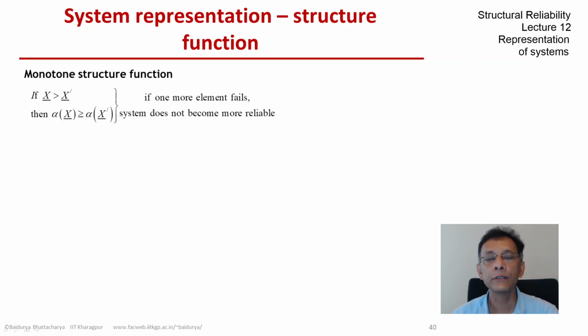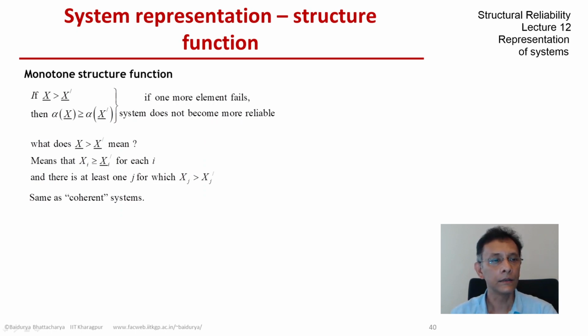So the system doesn't become stronger or safer by failure of additional or new elements. Because one could argue that if an element makes a system better by failing, then why have the element in the first place at all? Obviously, not all systems work that way in all situations, but it's a very helpful property to have because it simplifies computations in many situations.